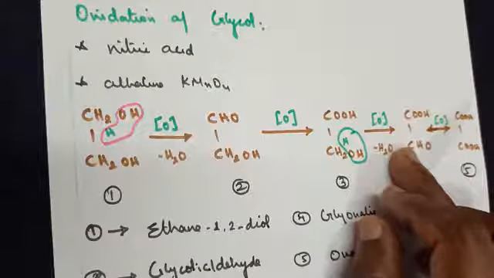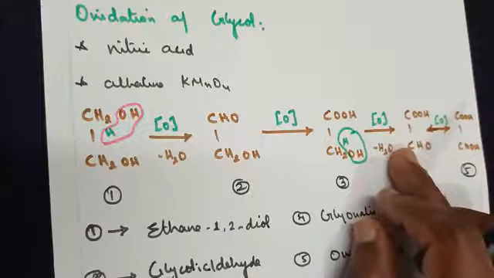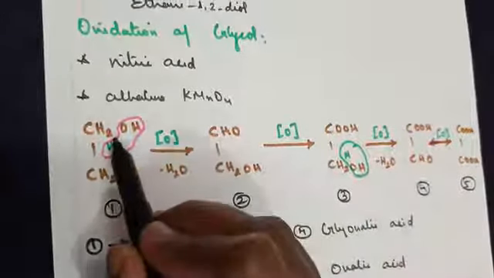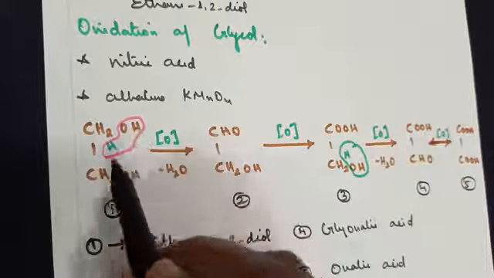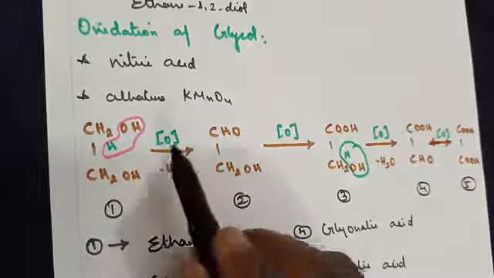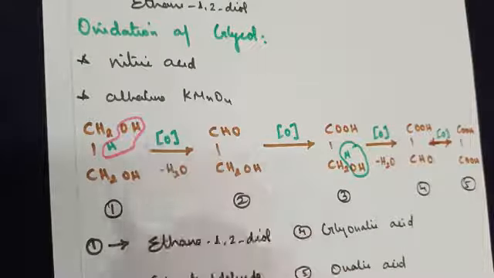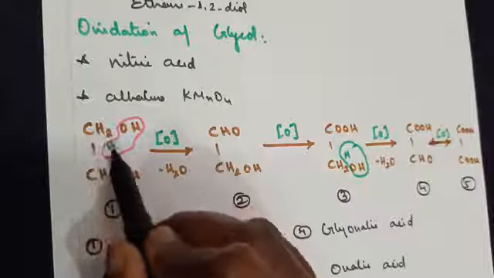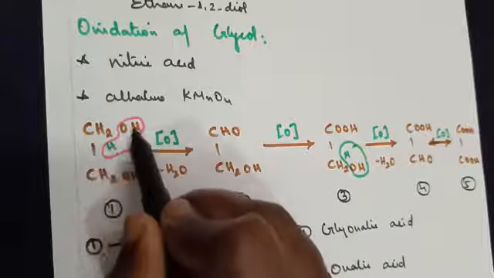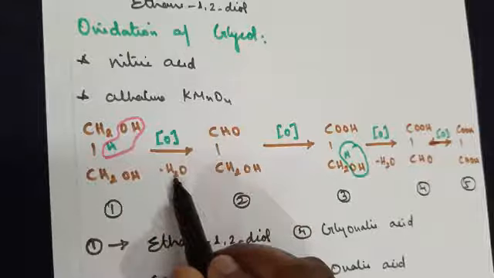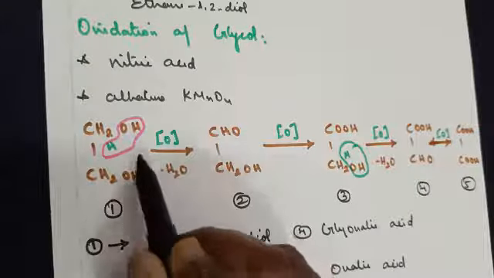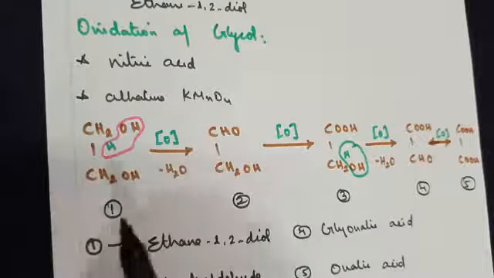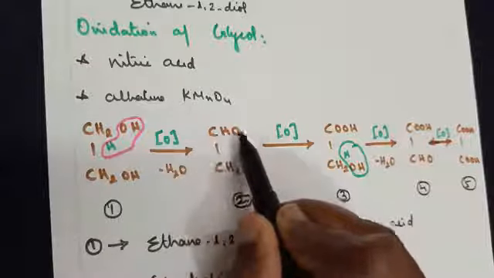Already I have told you in the previous class, oxidation means addition of oxygen takes place. Now glycol formula CH2OH, CH2OH. Oxidation, addition of oxygen. So in CH2, one hydrogen from here combines with this OH, goes out as a water molecule. As a result, oxygen is coming in. So we get CHO.